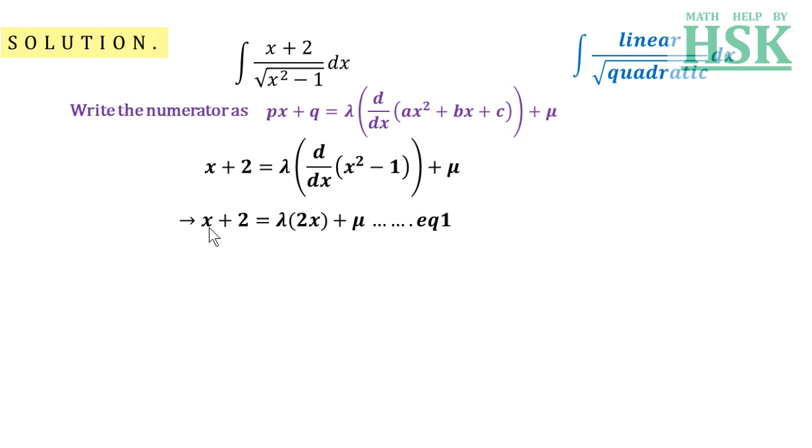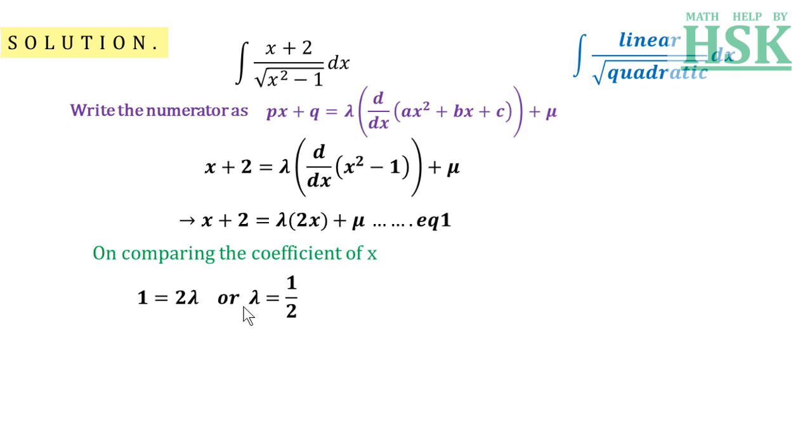So the coefficient of x on the left hand side is 1, and the coefficient of x on the right hand side is 2 lambda. So on comparing the coefficient of x, I can write 1 is equal to 2 lambda, or lambda is equal to 1 upon 2, and the constant term 2 is equal to the constant mu. So I get mu as equal to 2.